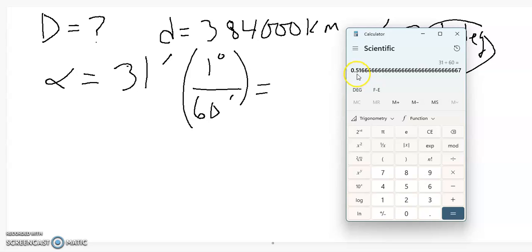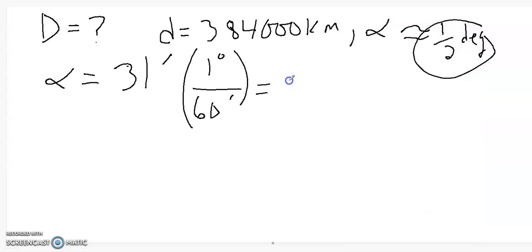Okay, so it would be 0.51, and see it's repeating 6 after that, so it would be 0.517 degrees. All right, so that's important that it's in degrees right now.